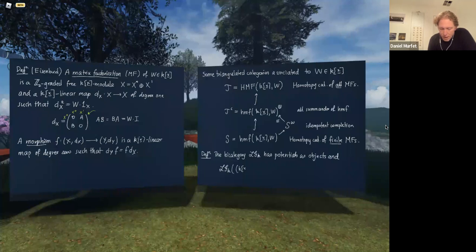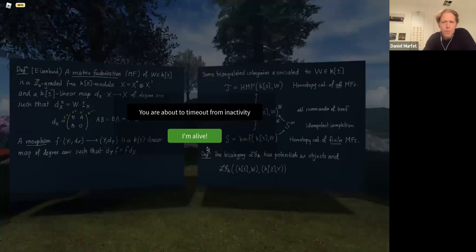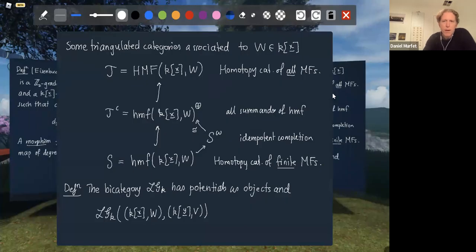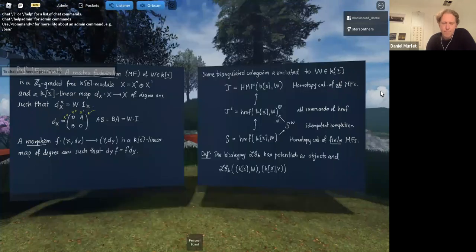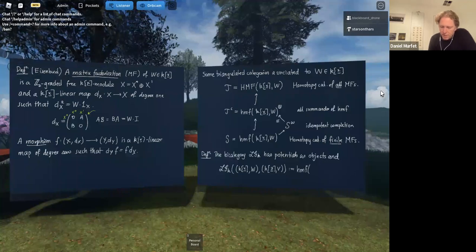The Hom category, that is the one morphisms and two morphisms, from a potential W to a potential V, are given by matrix factorizations of the difference. So the difference of two potentials is itself a potential.